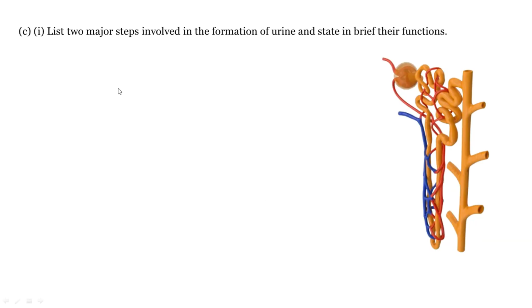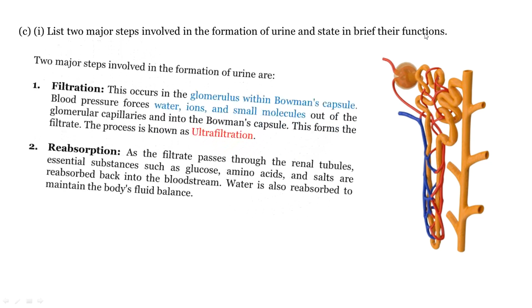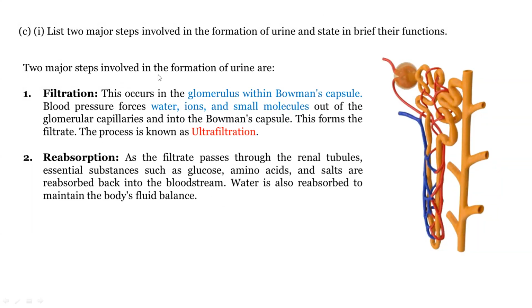Question C. List two major steps involved in the formation of urine and state in brief their functions. So let us see the answer. There are two major steps involved in the formation of urine, and these major steps are number 1 filtration and number 2 reabsorption.